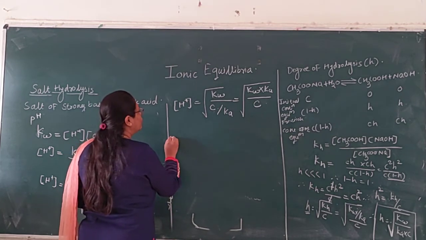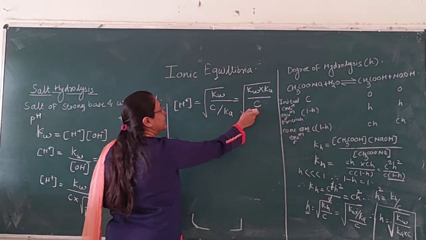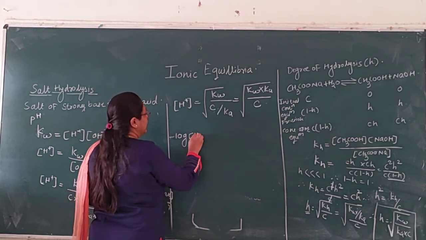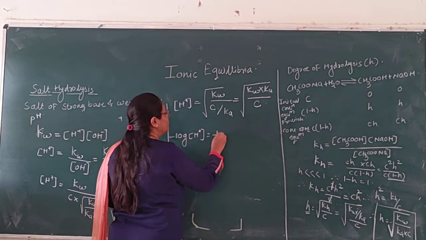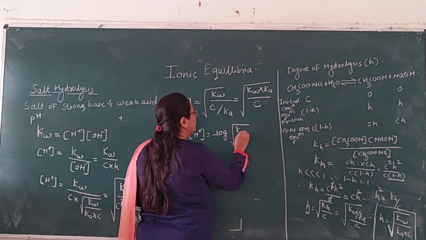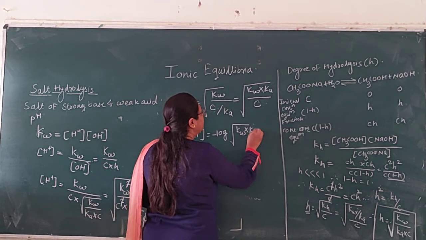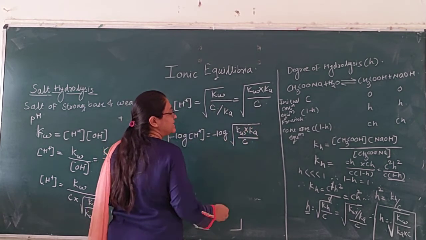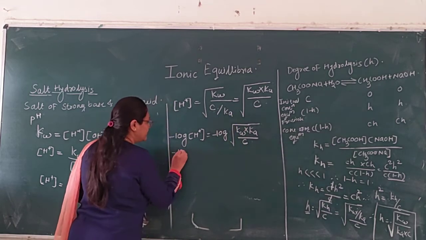Now we are going to take the negative logarithm of all these terms. So minus log of H plus is equal to minus log of square root of Kw into Ka divided by C. Square root in the sense raised to half.